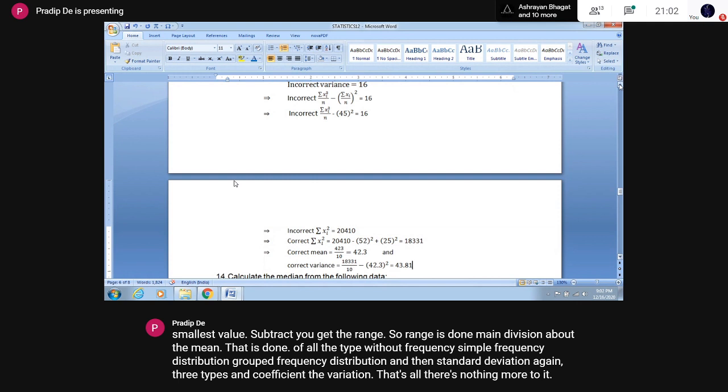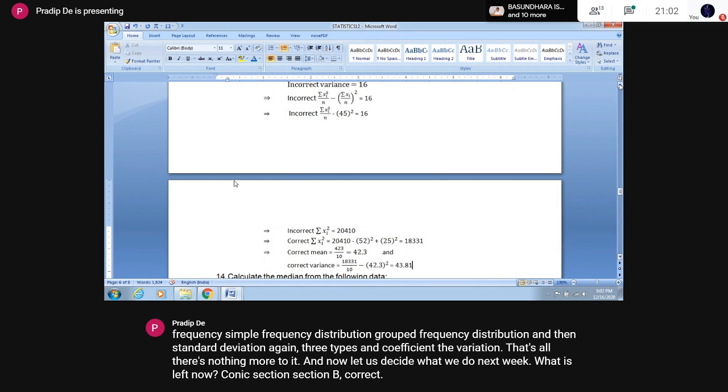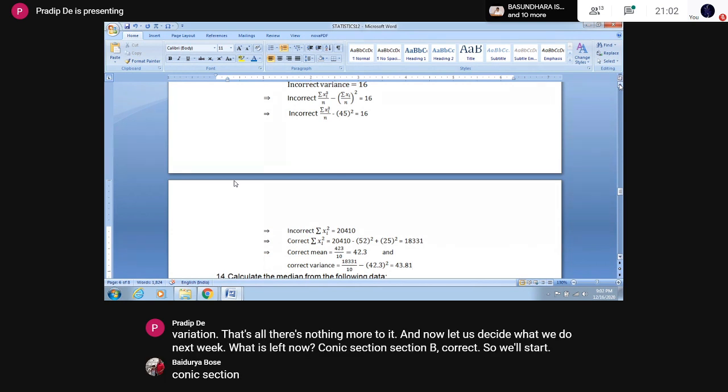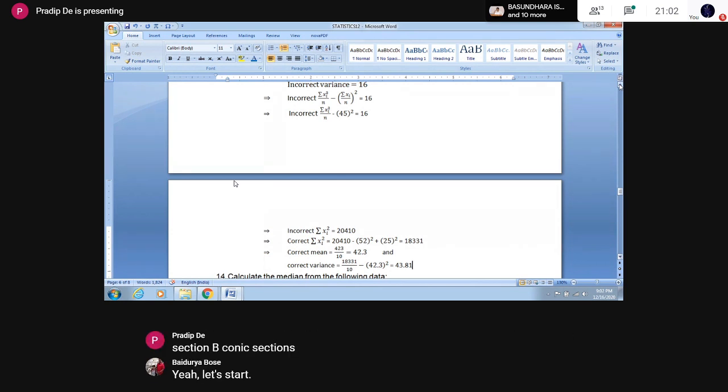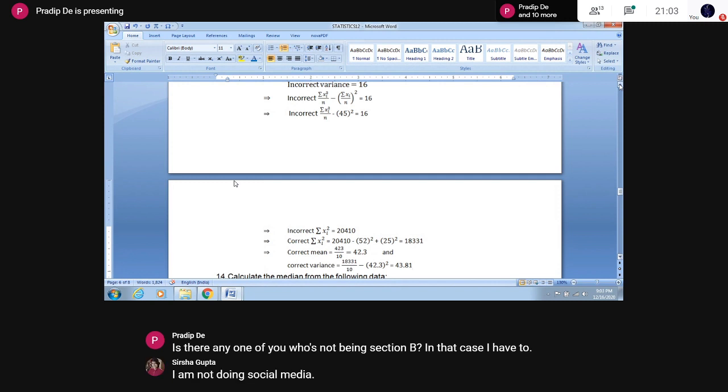And now let us decide what we do next week. What is left now? Conic section. Conic section, section B, correct. That's right. So we'll start section B, conic sections. Is there any one of you who is not doing section B? I am not doing section B, sir.